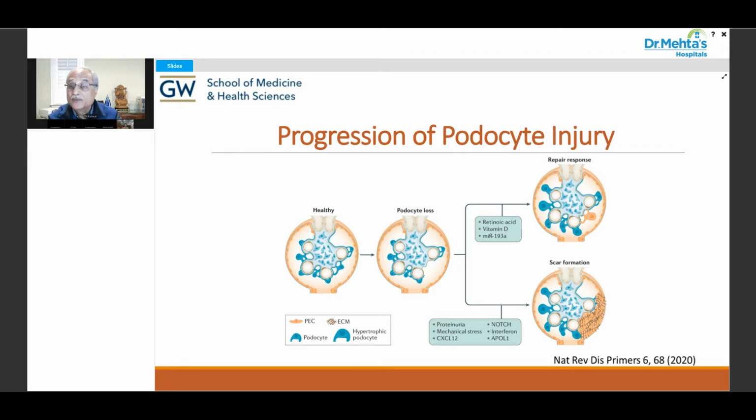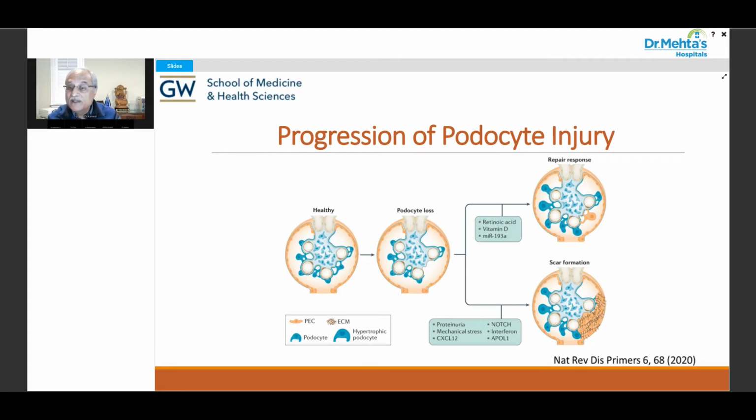As we've talked about, podocytes cannot replicate themselves. Therefore, adjacent podocytes are unable to take on the task of healing this GBM, which is now completely denuded of podocytes. So the parietal epithelial cells come in and take the place of those podocytes. They cannot function as podocytes, but at least they're patching up and preventing further injury.